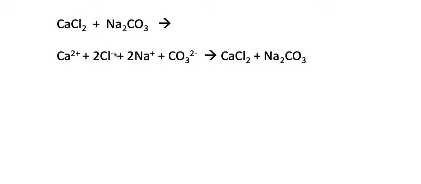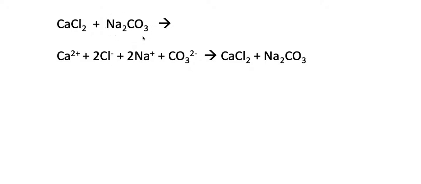So 2 times a -1 gives me a total of -2. -2 plus 2 gives me 0. So calcium chloride is a neutral compound. So now I have 1 calcium, 2+, and 2 Cl- in solution.